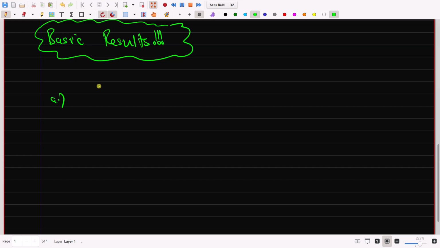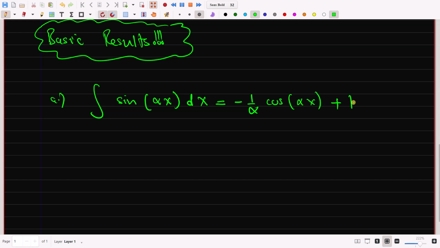Let's say you want to find the integral of sine alpha x dx. This is equal to minus 1 over alpha cos alpha x plus k. You see that? This is the result that you have to know.